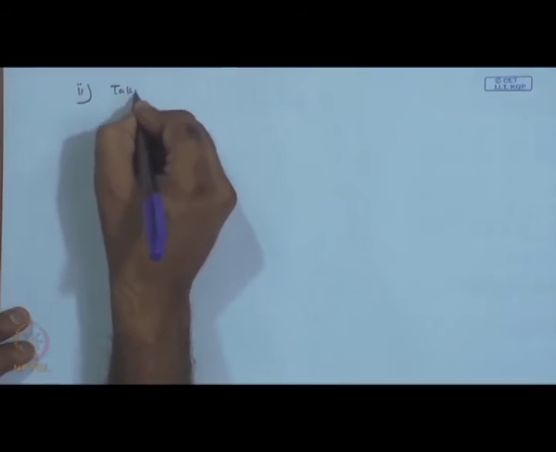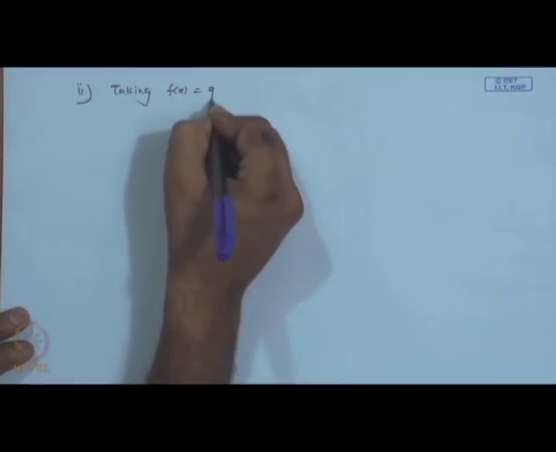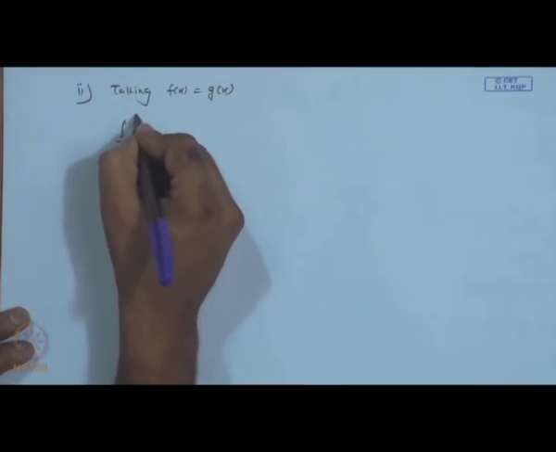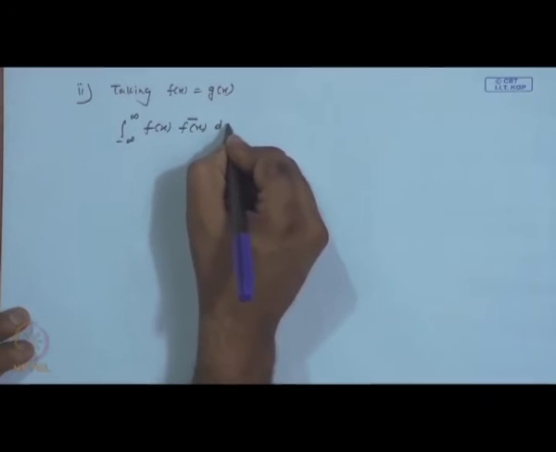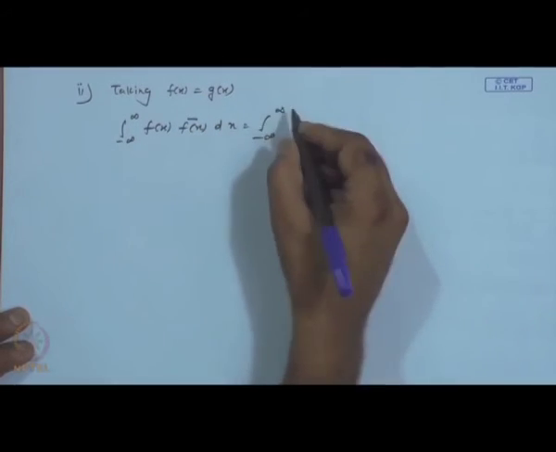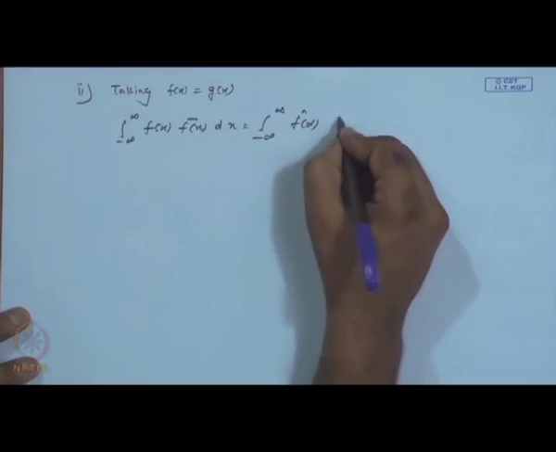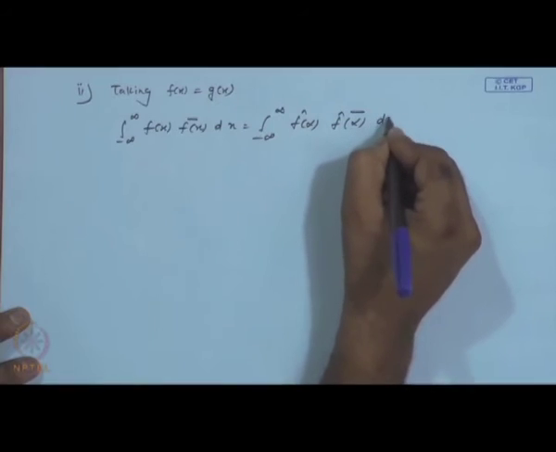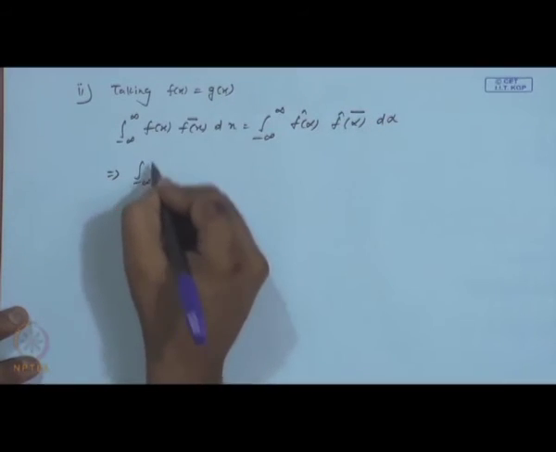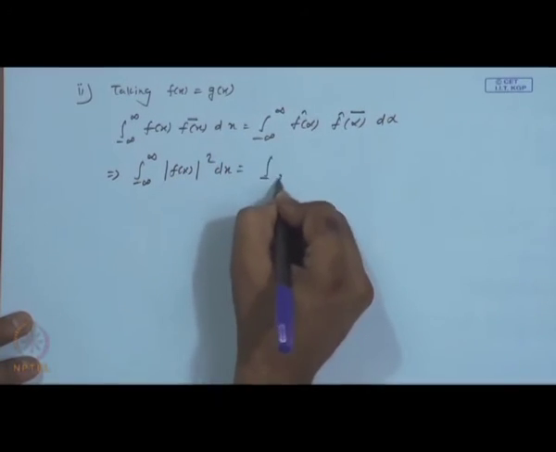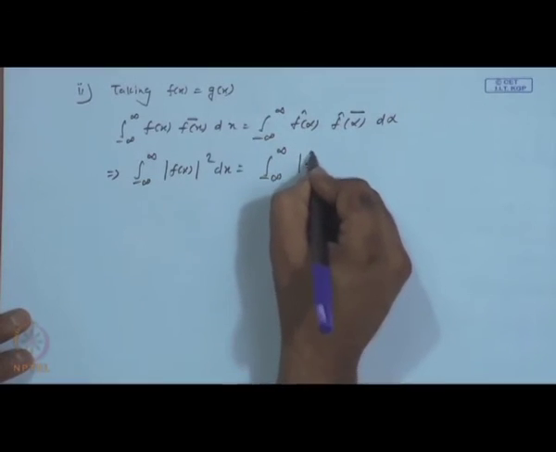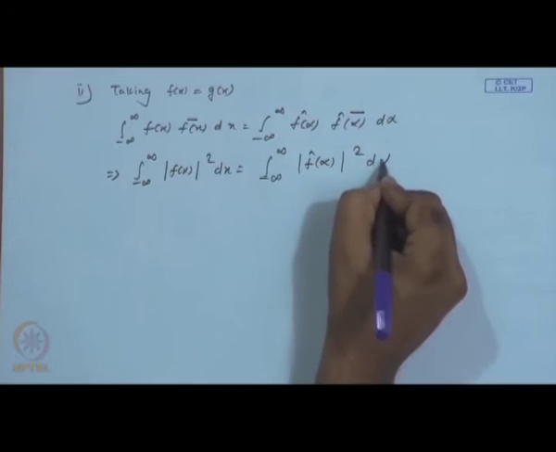So, if we take f and g the same function, then we will get the second result. So, taking f(x) equal to g(x), we obtain the integral of f(x) and f(x) bar dx, and the integral of f hat alpha and f hat alpha complex conjugate, and we can also write this as f(x) whole squared and the integral from minus infinity to plus infinity of f hat alpha squared d alpha.